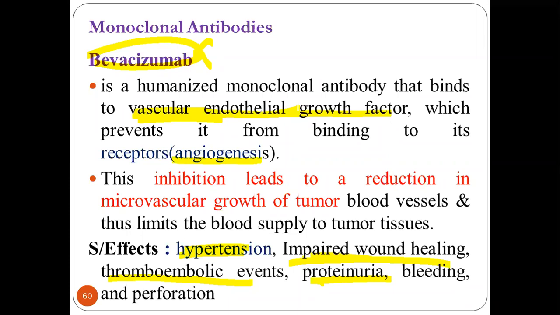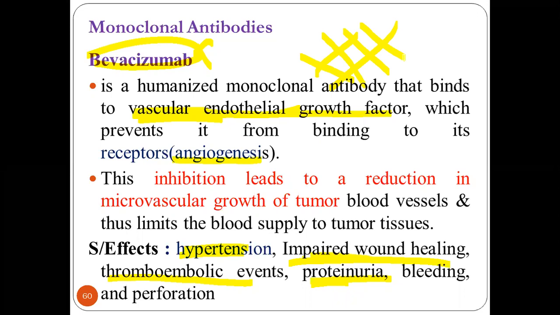Then, in terms of proteinuria, remember the vascular endothelium growth factor is very important to maintain the integrity of the meshwork of the glomerulus of the kidney. So, if bevacizumab is inhibiting this, now the integrity of the meshwork of the glomerulus will be affected and it promotes protein leakage in the renal tubule.